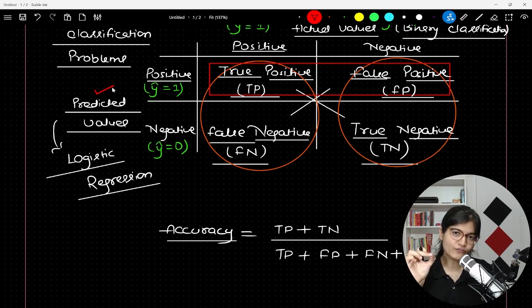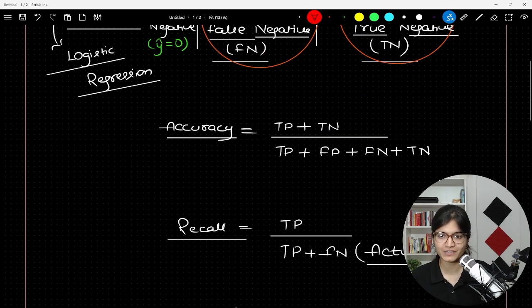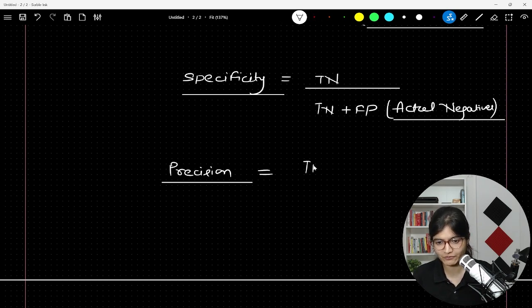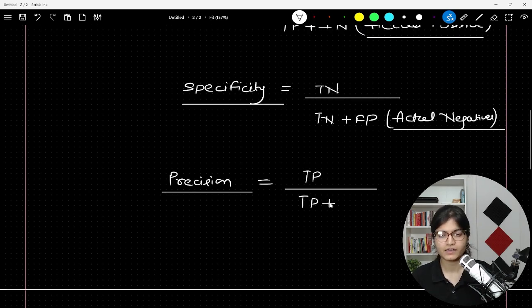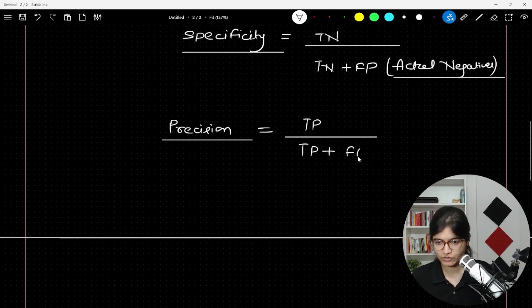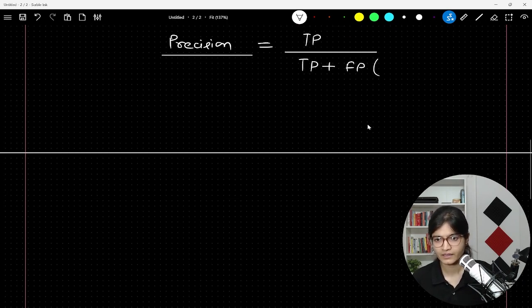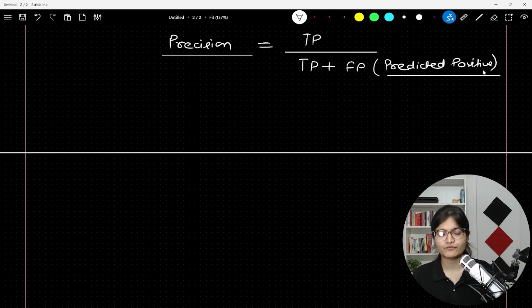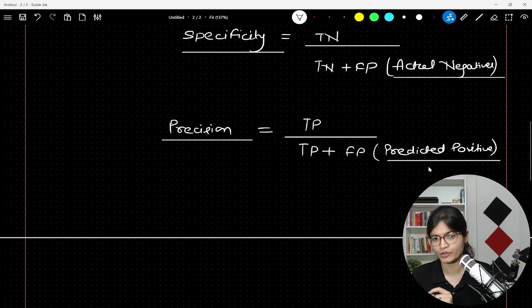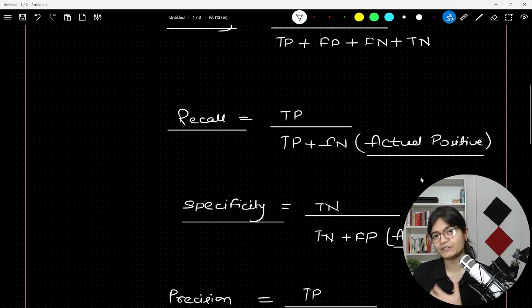So precision is TP divided by TP plus FP, the sum of predicted positives. Out of the given predicted positives, how many are actually true positives? This is indicated by precision.